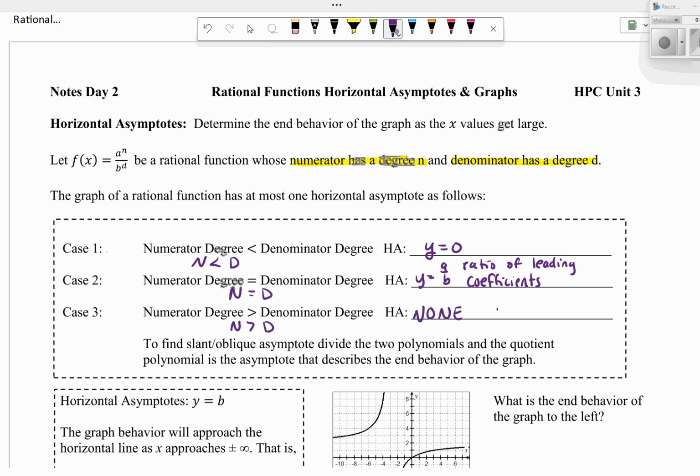Instead, we have a slant or other asymptote. To find the slant/oblique asymptote, we divide the two polynomials, and the quotient polynomial is the asymptote that describes the end behavior of the graph.